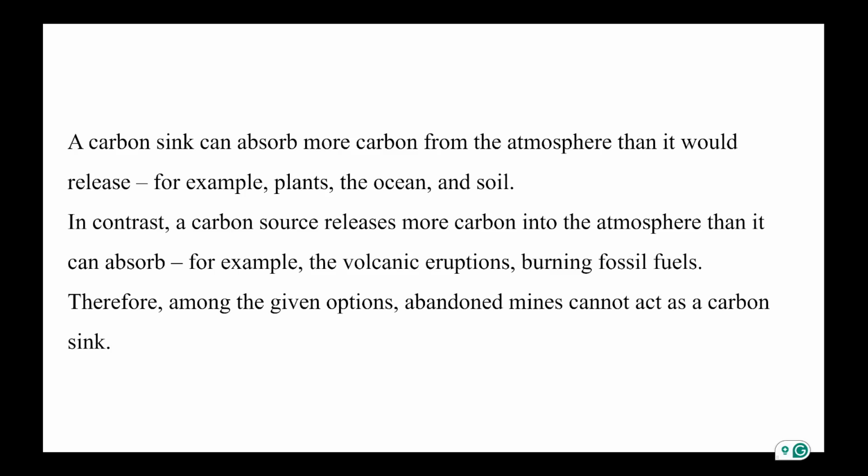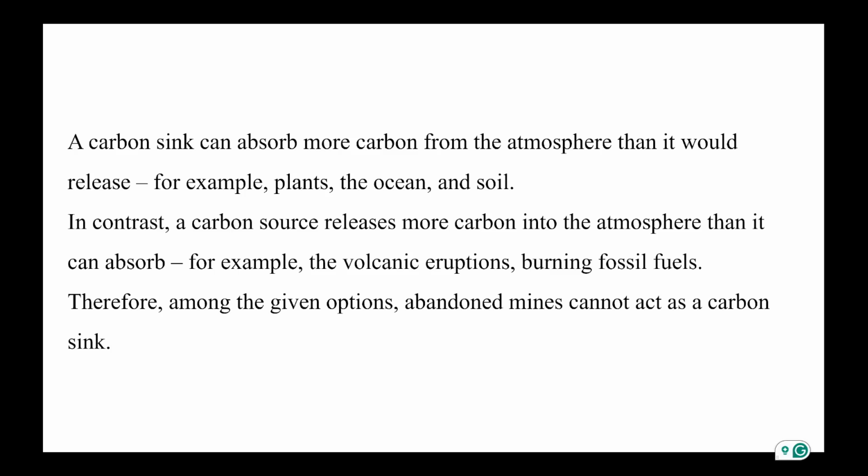So, what are carbon sinks? Carbon sinks basically are the places that can absorb more carbon from the atmosphere than they would release. For example, plants absorb carbon dioxide from the atmosphere, so it's a form of carbon. Oceans are absorbing carbon, soils are absorbing carbon.